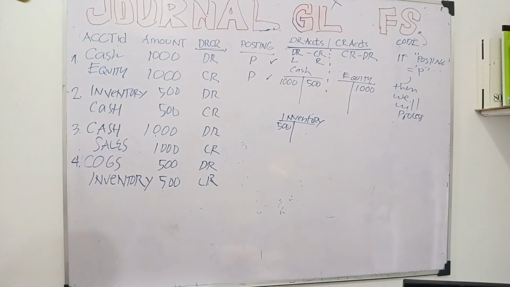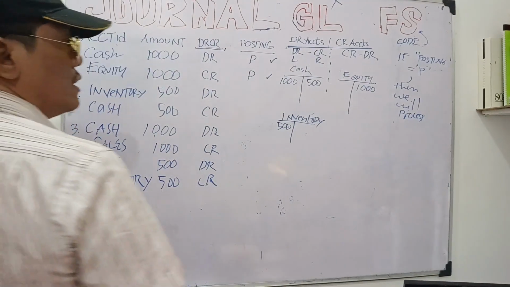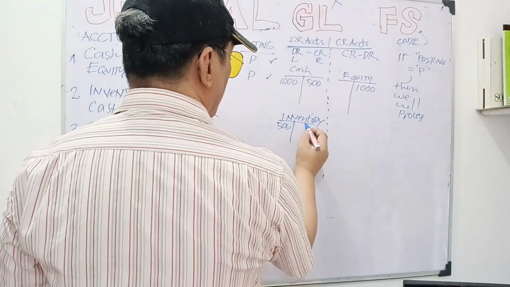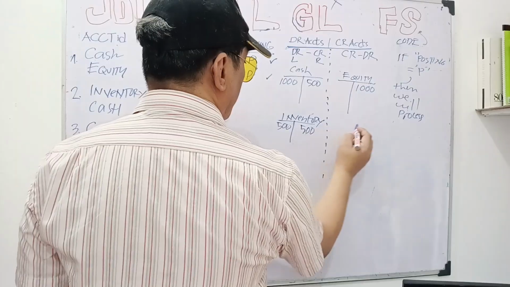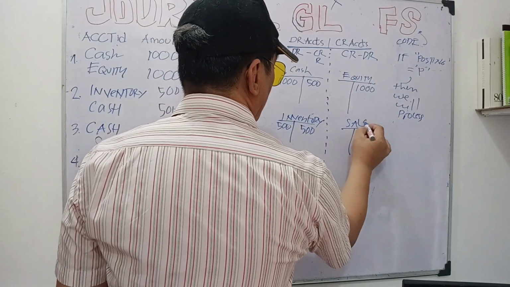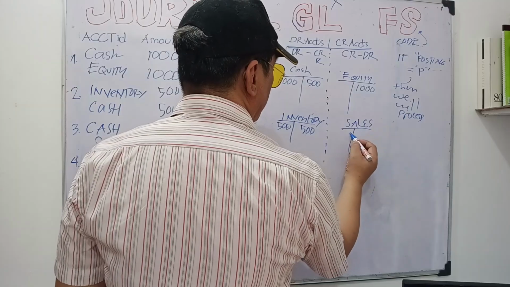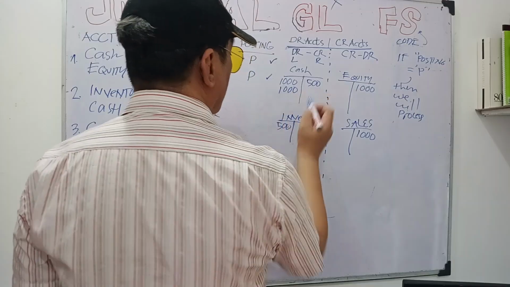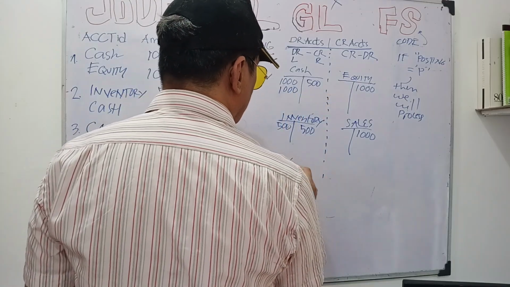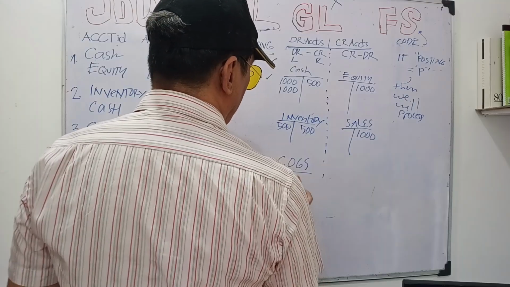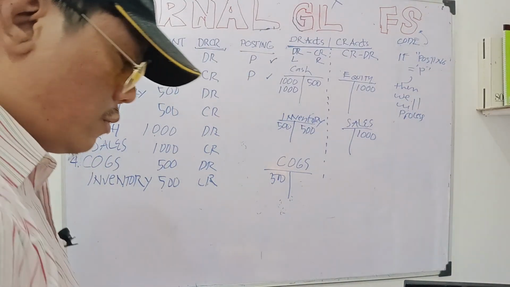So now we go to the GL, right? Inventory, we parted with 500, and we have the sales here for 1,000. Cash, we received 1,000, and then we have a cost of goods sold there for 500.